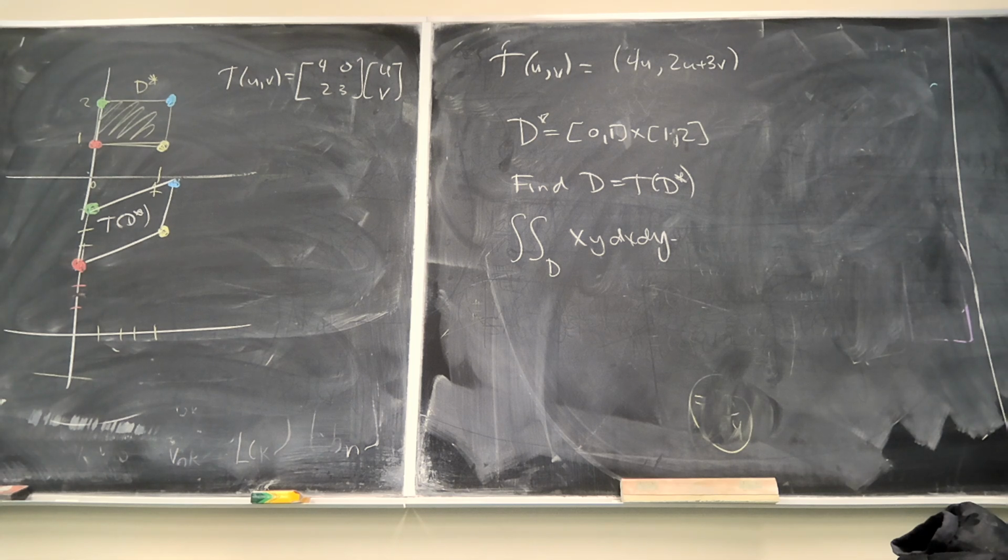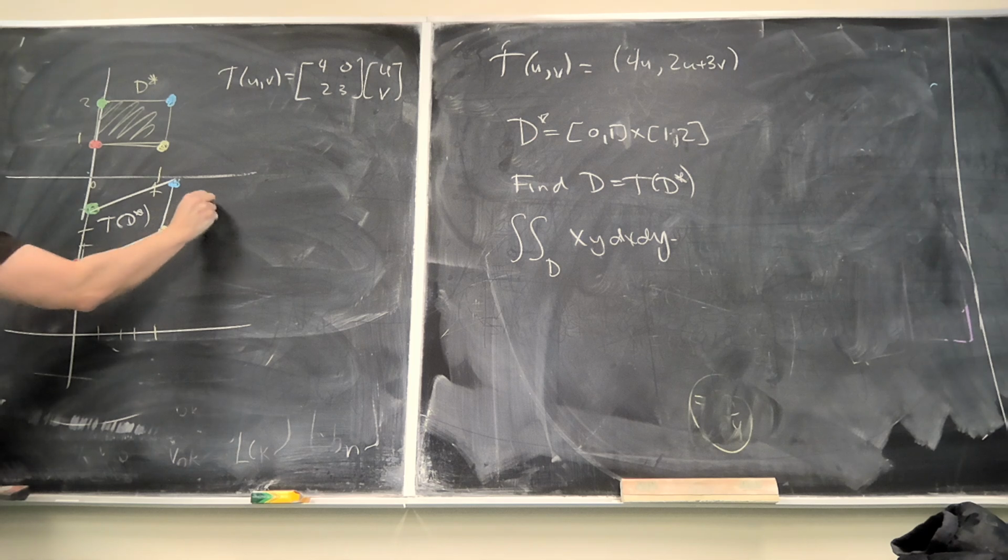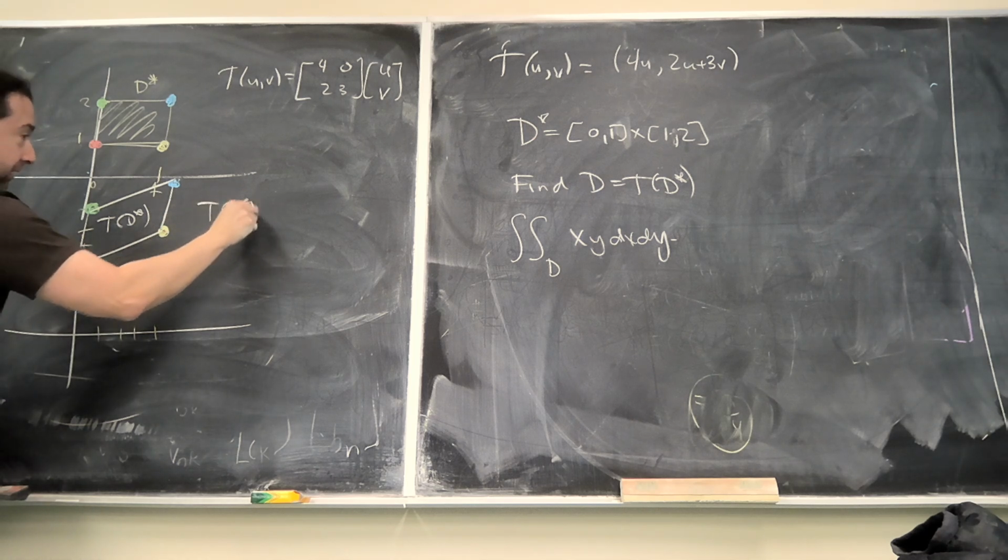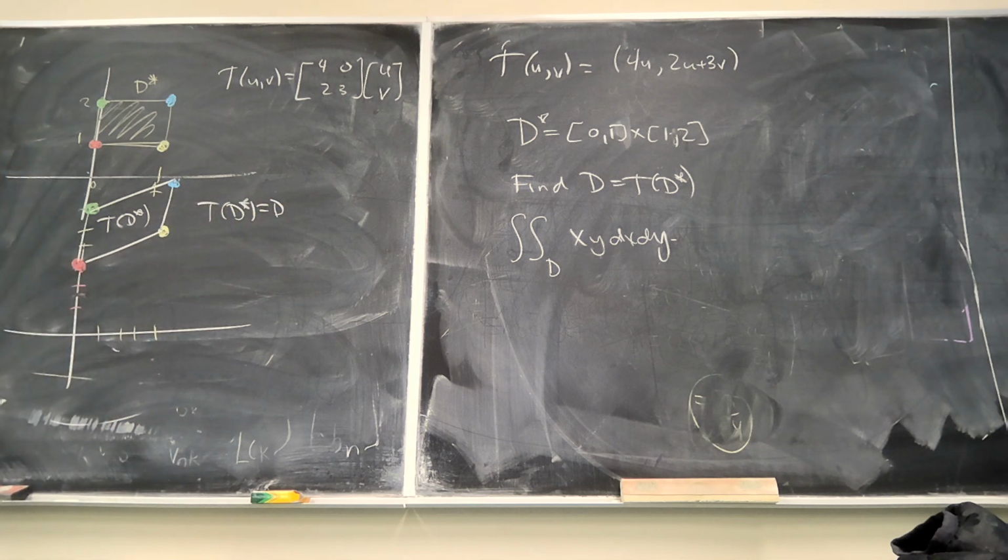Now, this is the region D; T of D star is what they mean by D. If I really wanted to calculate that integral right there, I guess I could. It would be painful because this is a type 1 or type 2 region. If I try to do it in this direction, I have to break it up into two integrals because the left function and the right function aren't consistent.